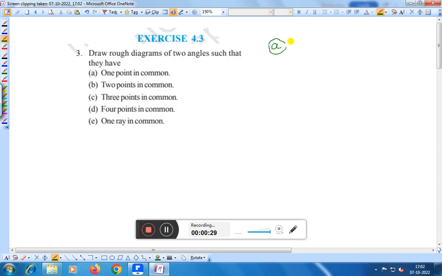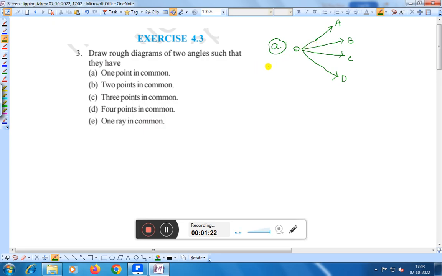If we draw angles like this, this is point A, this is O, this is B point, this is C point, and this is D point.